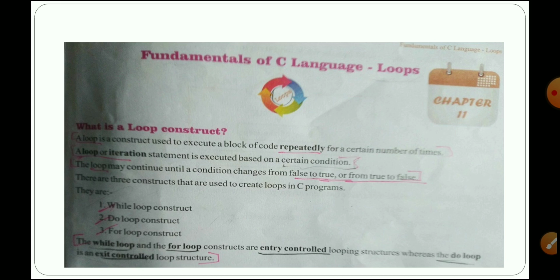I gave 10. The value of i is 1, less than or equal to 10, so it executes first time in the loop. Next, the value of i is incremented to 2, then it repeats for 3, 4, 5, 6, 7, 8, 9, up to 10. It will execute repeatedly. That is the meaning of a loop or iteration statement.